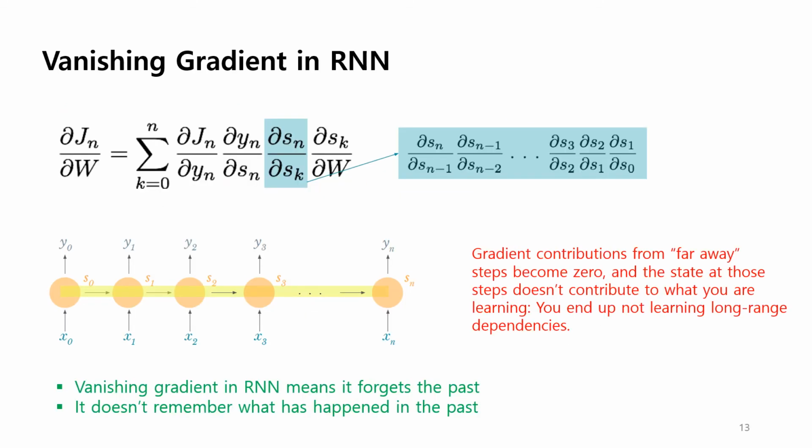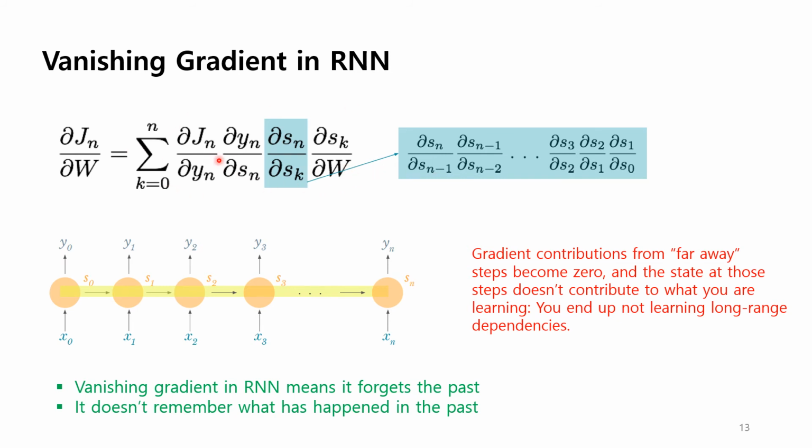This continues from the previous slide, where backpropagation through time uses gradient descent. As you can see in the previous slide, you update your weight using this term, right? If you take a close look at this term, because of the chain rule, it consists of these things.